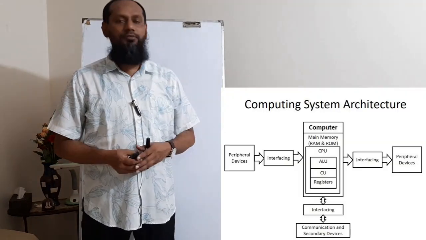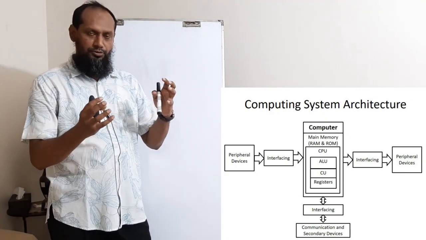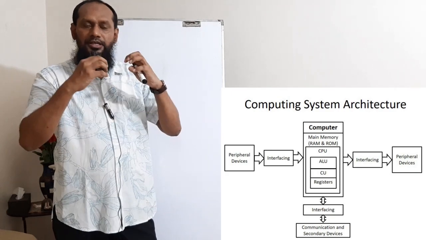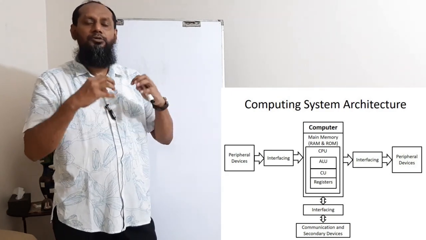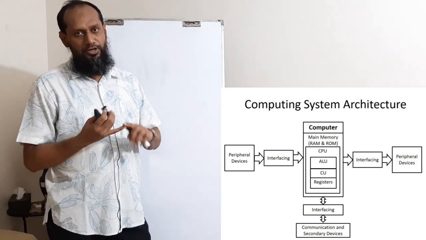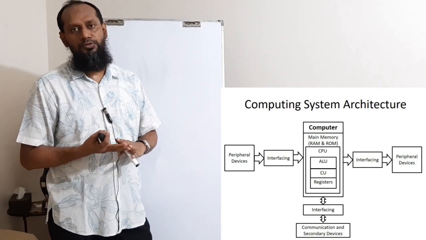This is a very, very important figure for computer architecture. Inside a computer, we have a CPU, and inside the CPU there are mainly three things: one is the ALU, one is the CU, and another is registers. Almost all of you may know it.